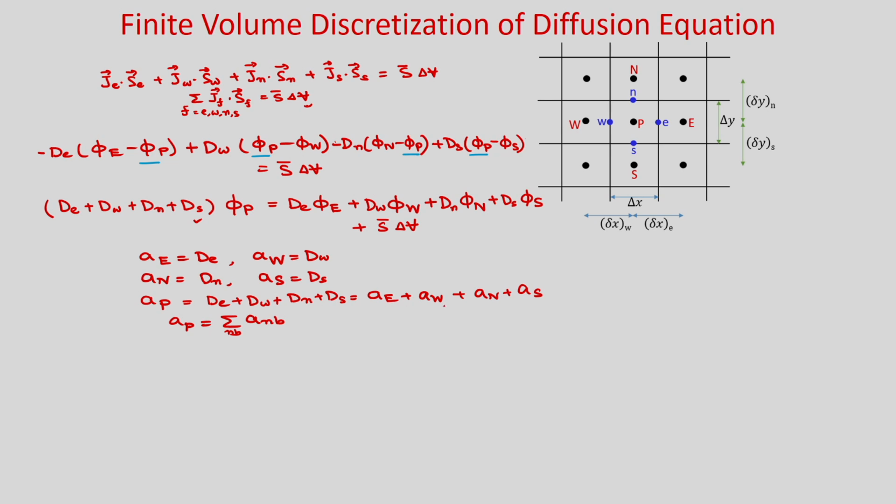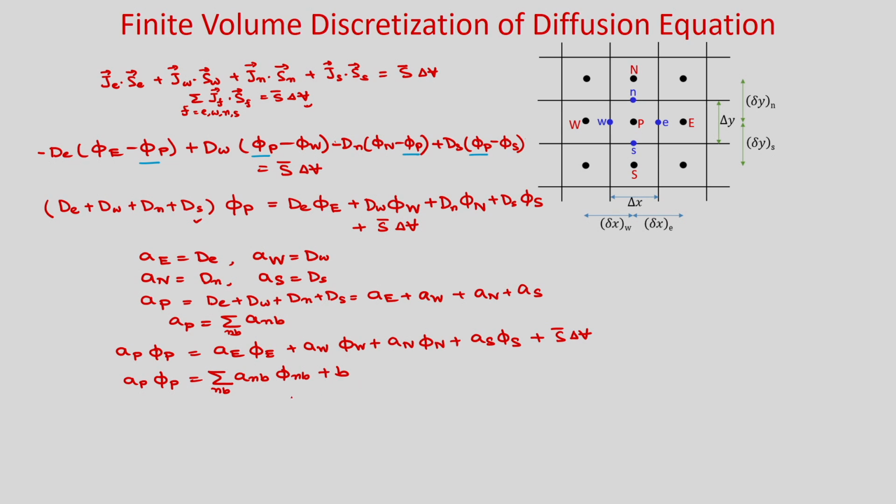So, the neighbors are east, west, north, south, and now this equation you can write as a p phi p is equal to a e phi e plus a w phi w plus a n phi n plus a s phi s plus s bar delta V. In compact form it is written as a p phi p is equal to the summation of all the neighbors a n b phi n b plus b, where b is your source term.